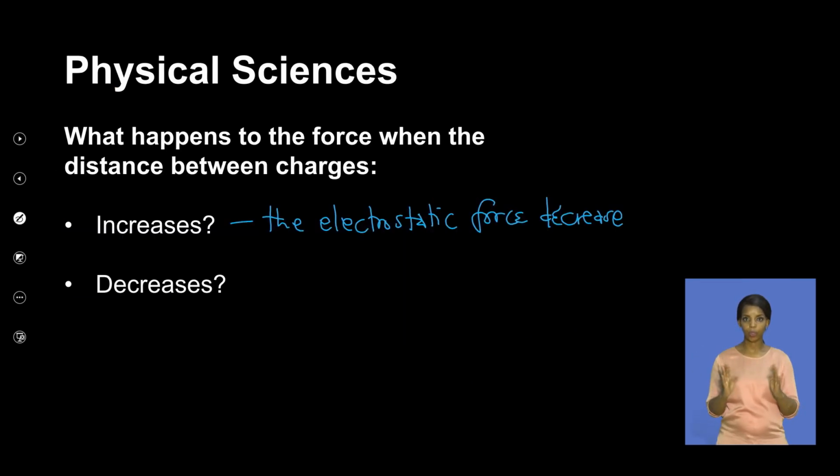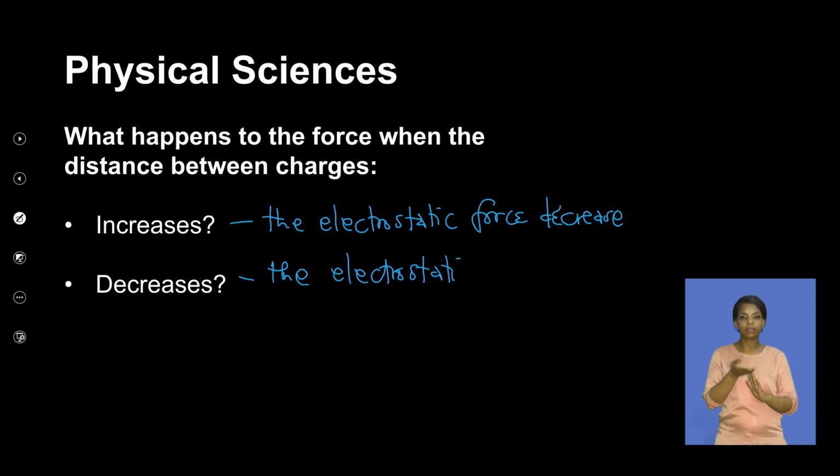So we can safely say that if the distance between the charges decreases, the electrostatic force will increase, right? So the electrostatic force between those two charges increases, right? Are we onto something here? Because we are worried about the mathematical relationship in terms of the factors that affect the magnitude of the electrostatic force.